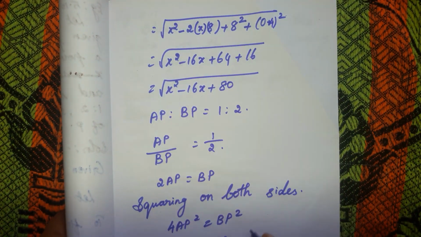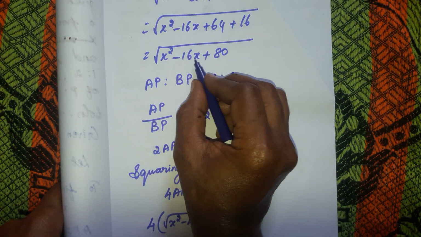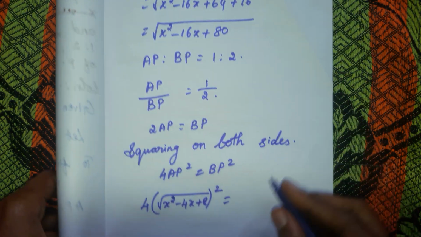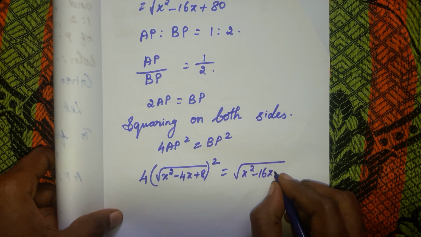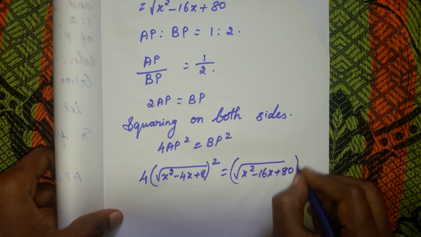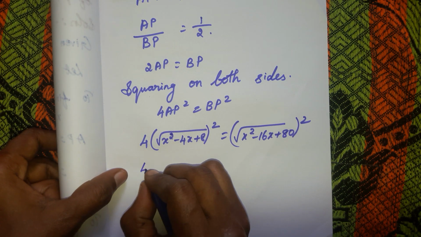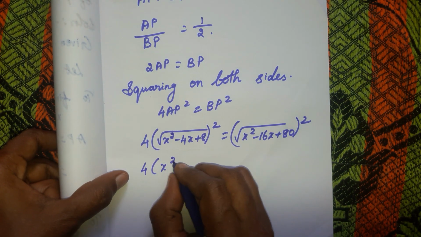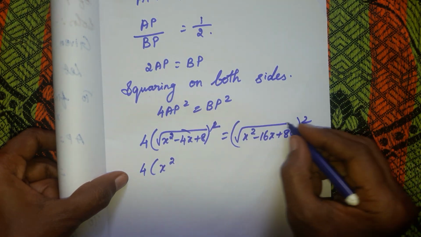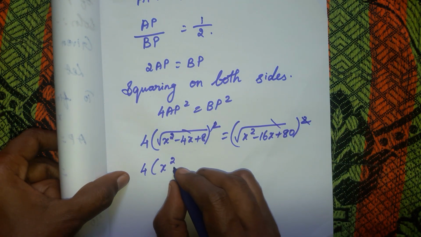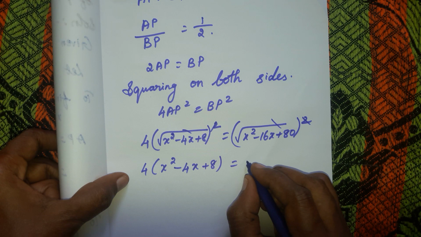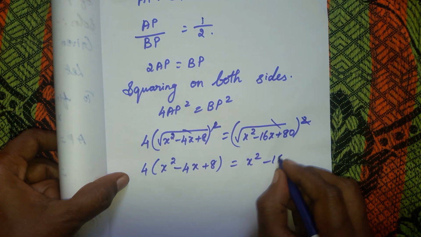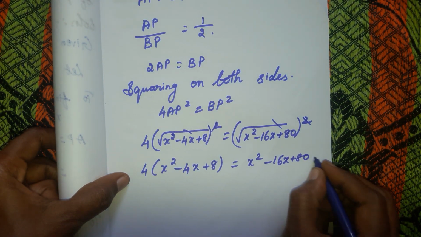BP value is root of x square minus 16x plus 80, the whole square. Square and square root will be cancelled. Here also square and square root will be cancelled. So 4 into x square minus 4x plus 8 is equal to x square minus 16x plus 80.